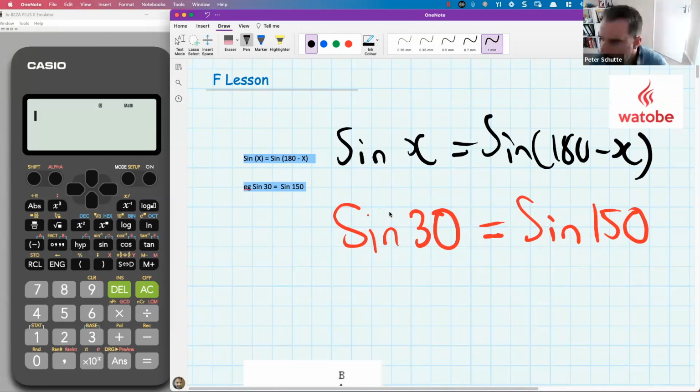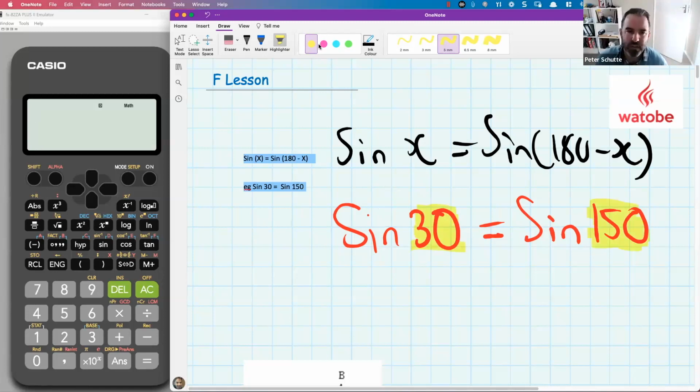The reason I'm bringing this up at the very beginning is that this is an example of the reduction formula. One of the things that can happen is that there can be two different angles, yet the sine of that angle is still equal to the same thing.